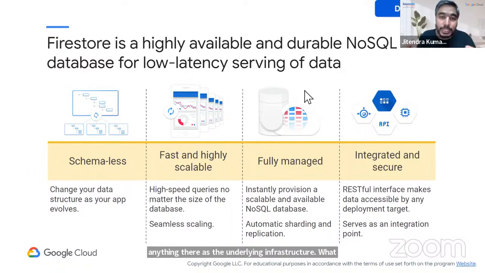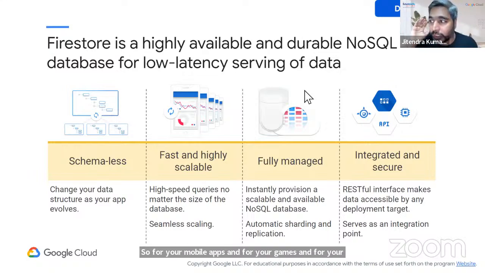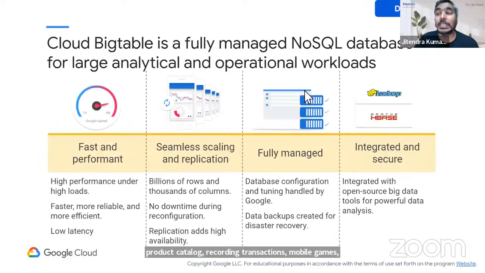Within that collection, you create a document, and then within that document, you simply start getting your data into that document by making API calls, right? So for your mobile apps and for your games and for your modern web applications, Firestore as a document database could be a fantastic solution, right? User profile, product catalog, recording transactions, mobile games, all of these are some of the use cases that you could think about here, right?